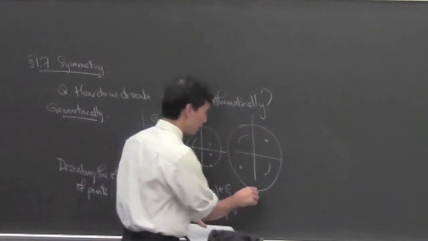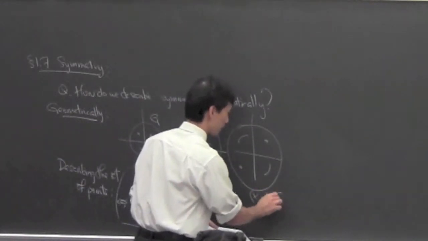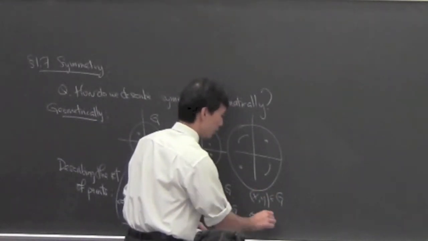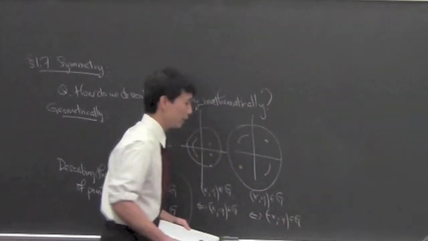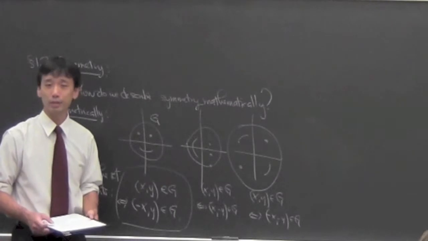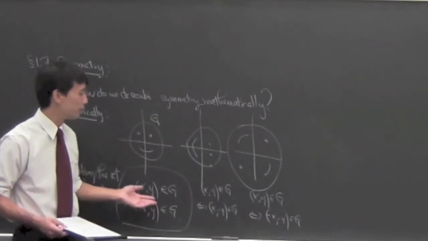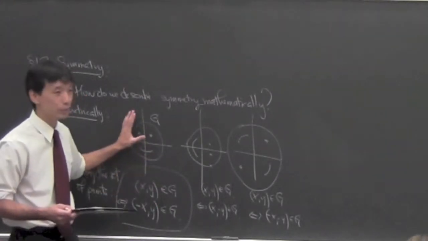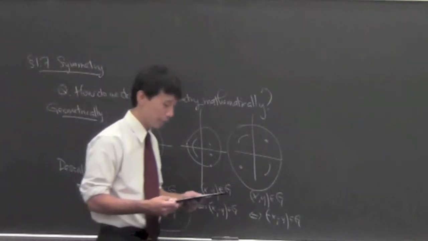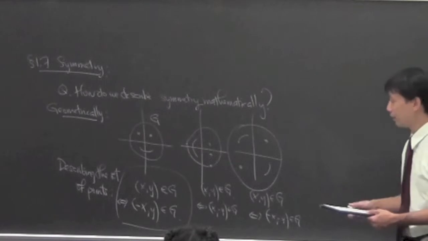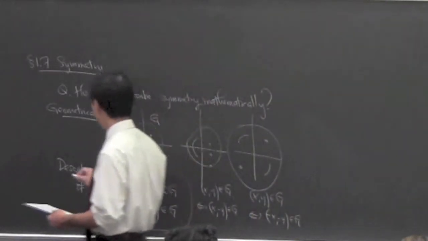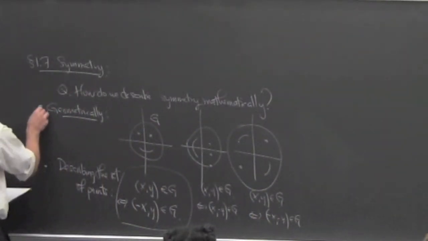And this one has sort of this symmetry that a point is in the graph if and only if (negative x, negative y) is on the graph. And so these are ways of describing this intuitive idea of symmetry that we have.